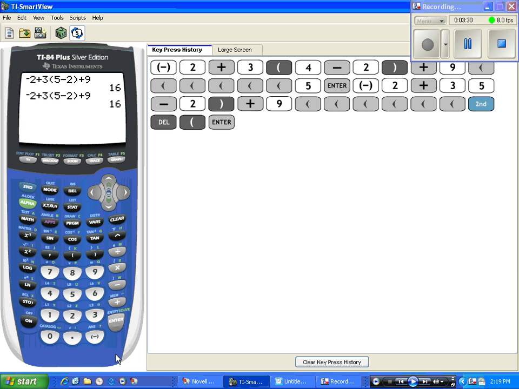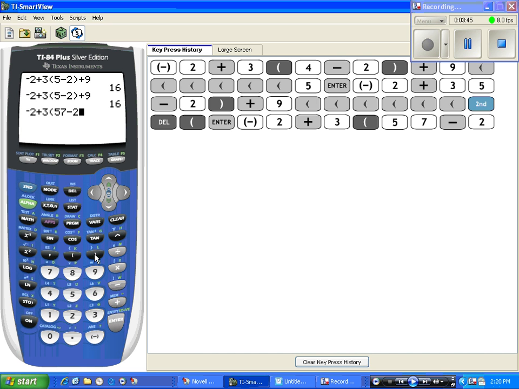Okay, deleting. Again, we'll enter things incorrectly. Negative 2 plus 3, paren, 5, 7, subtract 2, close paren, plus 9. So this time I've accidentally put in an extra 7.